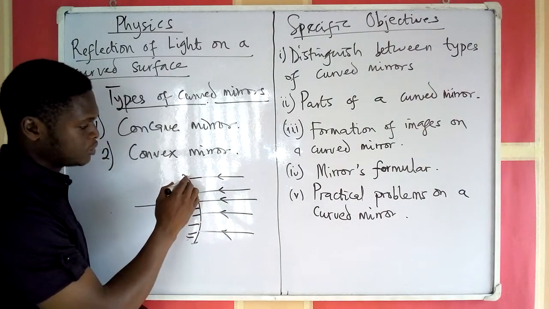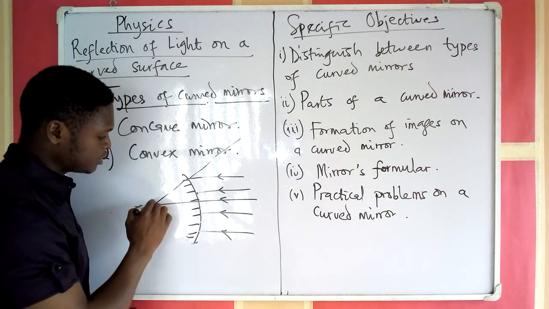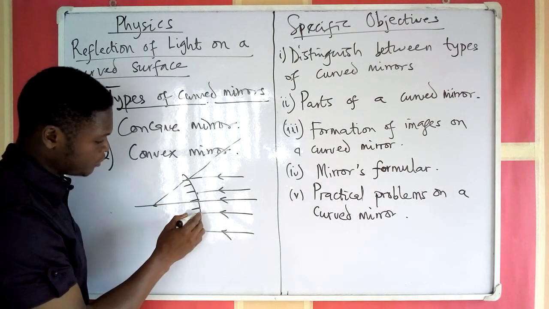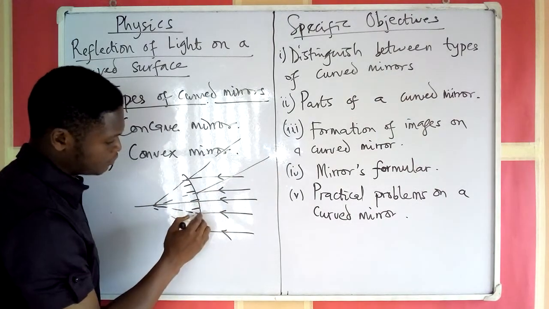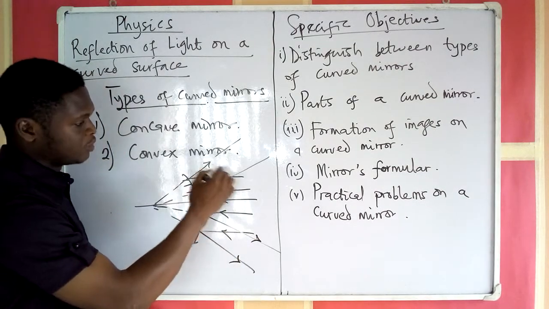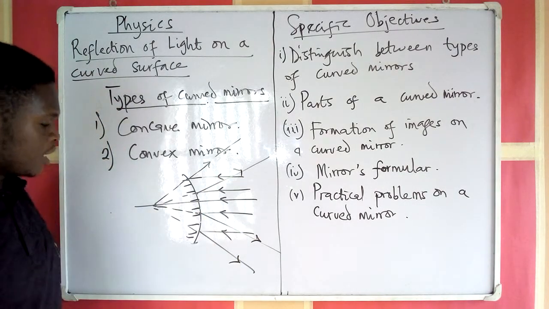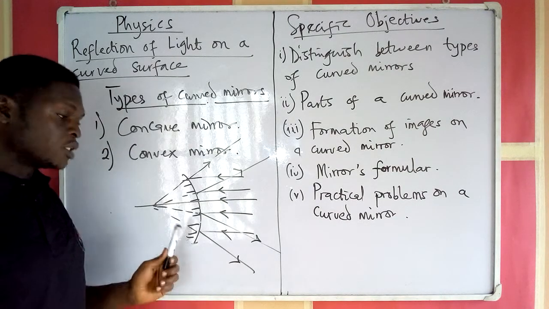So when it comes on it, it will do what? It will diverge. And when they are diverging, it will now seem as if they are diverging from a point behind the mirror itself. So this is what we're going to have. So these are the reflected rays of light when they fall on a convex mirror. So take note of that.